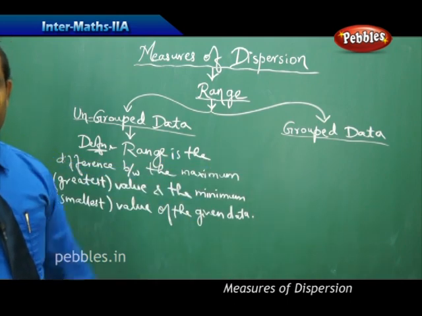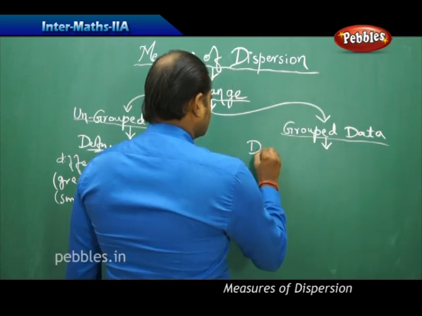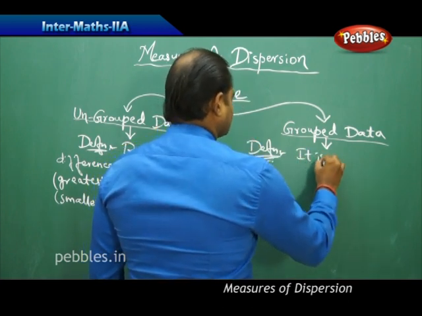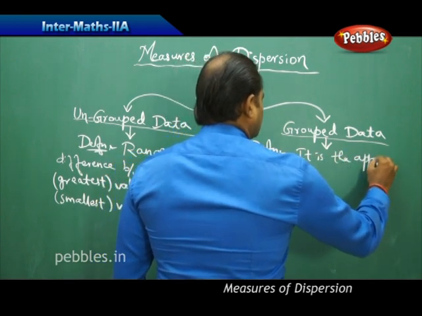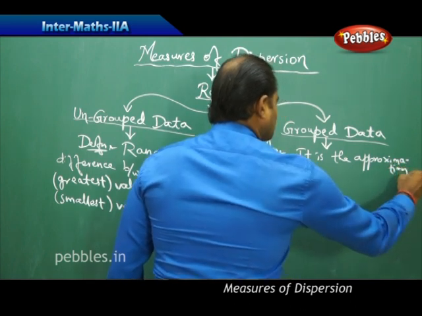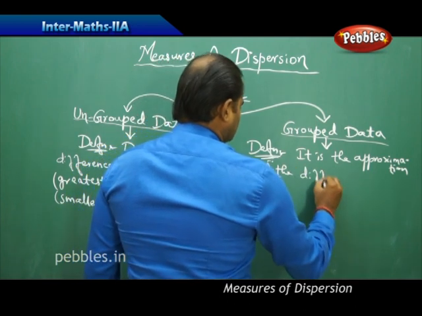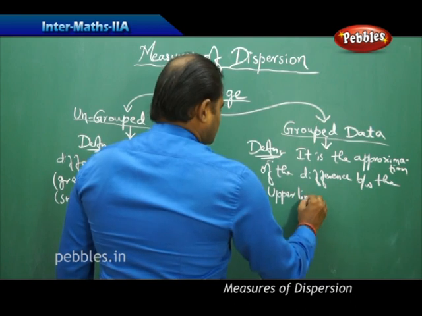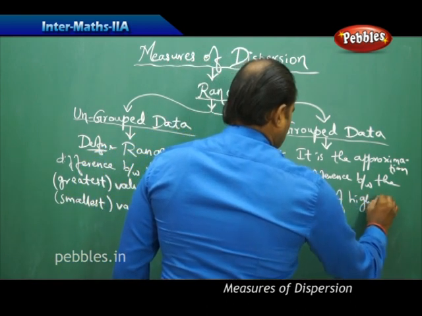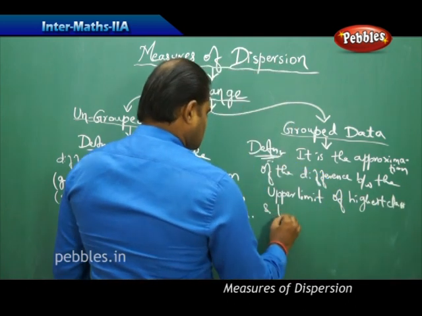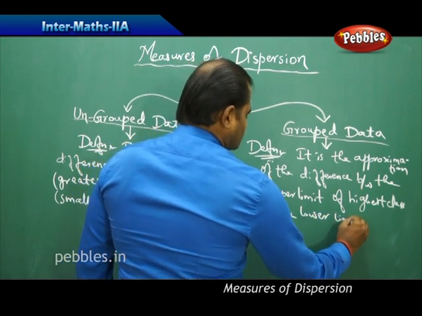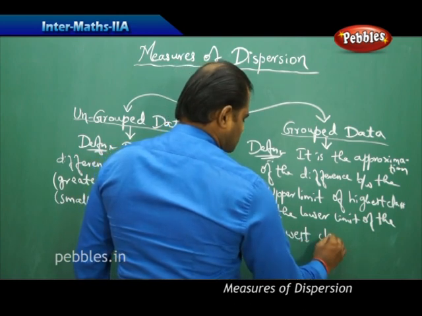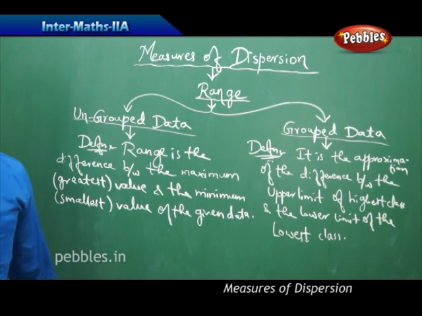So let's see how we can understand the grouped data. So in this case, range is the approximation of the difference between the upper limit of the highest class and the lower limit of the lowest or smallest class, is how we define the range for grouped data.